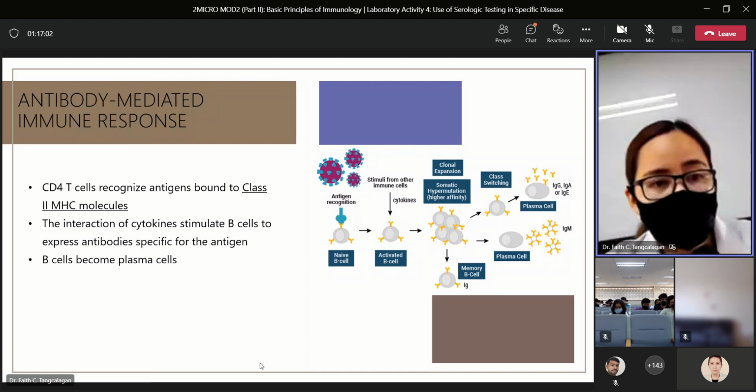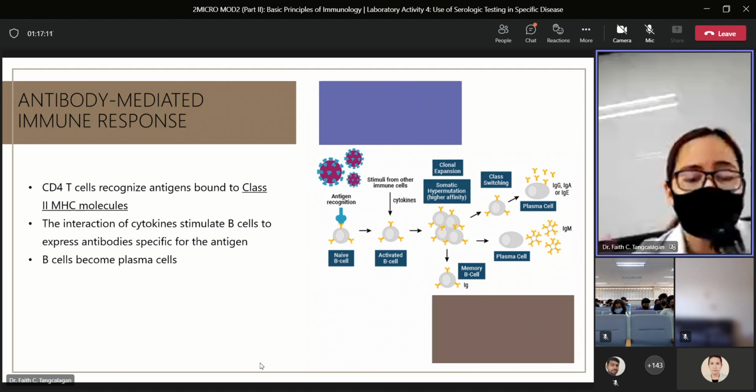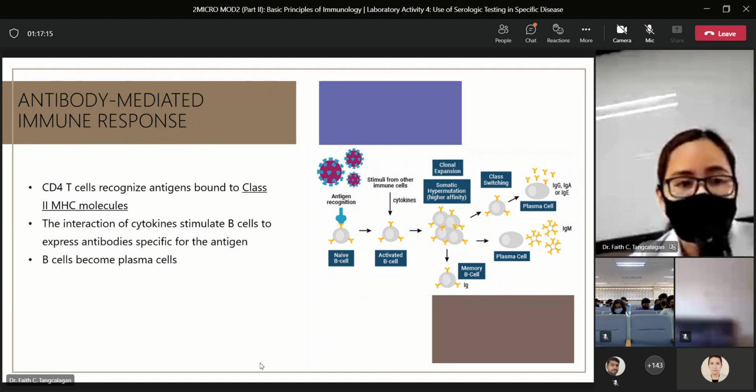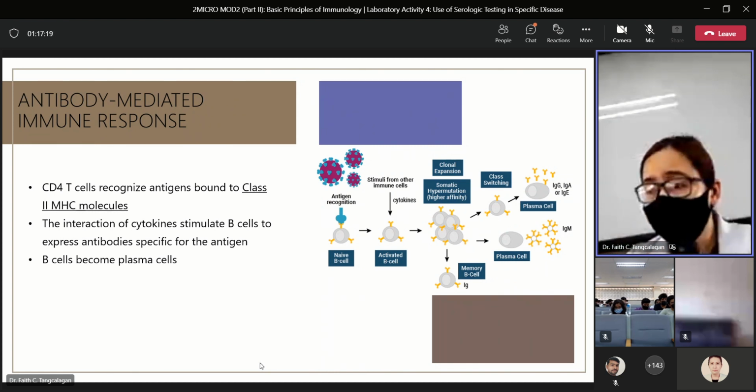In the antibody-mediated immune response, your CD4 T cells recognize your MHC2, or class 2 MHC molecule. What are these class 2 MHC molecules? I'm preempting you about the MHC.